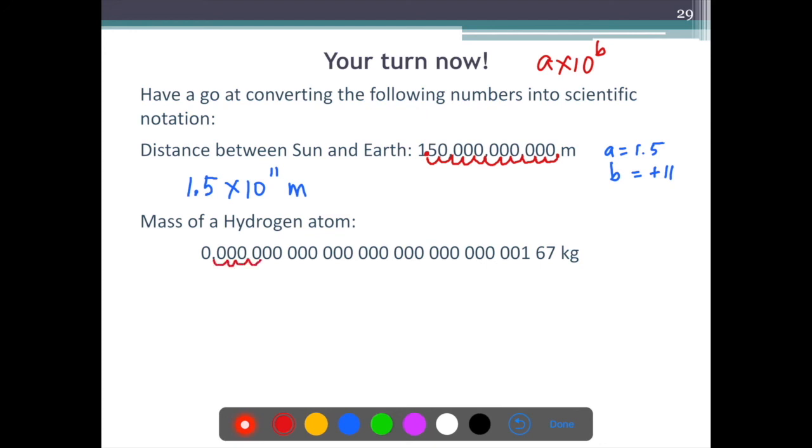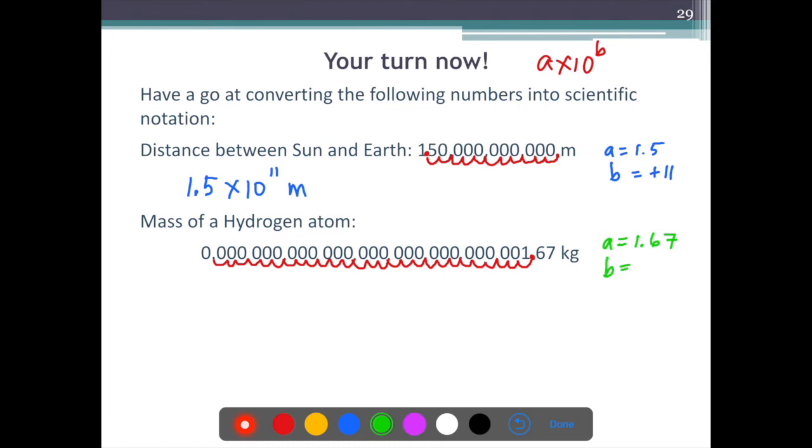So we go 1, 2, 3, 4, 5, 6, 7, 8, 9, 10, 11, 12, 13, 14, 15, 16, 17, 18, 19, 20, 21, 22, 23, 24, 25, 26, 27. And we put our decimal point there because 1.67 is a number between 1 and 10. So our A is 1.67.